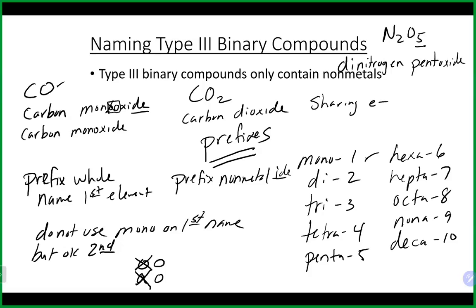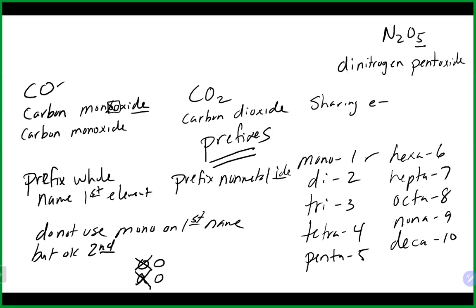The even faster thing that you could do is if you had to write the formula for a type 3. Let's say we wanted the formula for trioxygen tetrabromide. I just made something up, probably doesn't exist. First thing I should notice when I look at that is what's in those names. There's a lot of prefixes, right? Which tells me this is a type 3 compound.